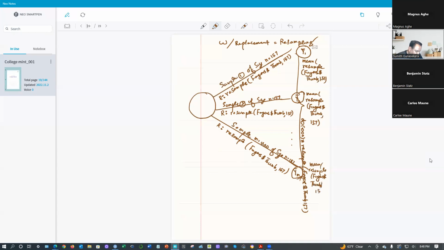That's the whole thing we were writing this way: do 1000 mean resample fingers thumb 157. We call this one boot, the bootstrap sampling distribution of the mean. That's the same thing.